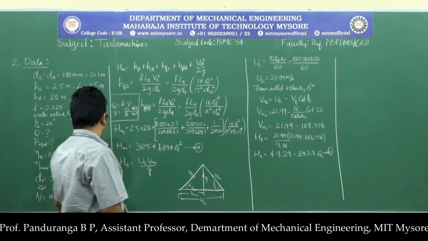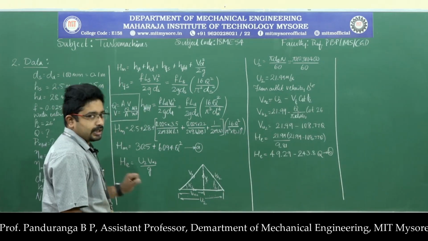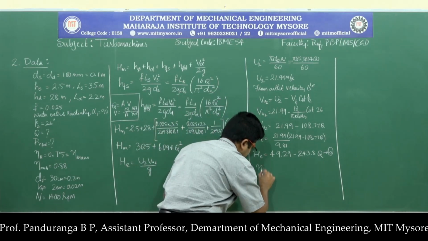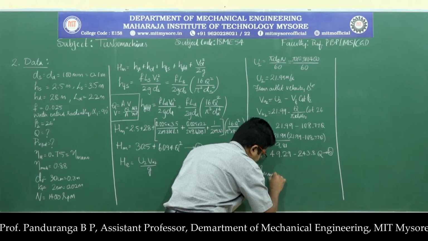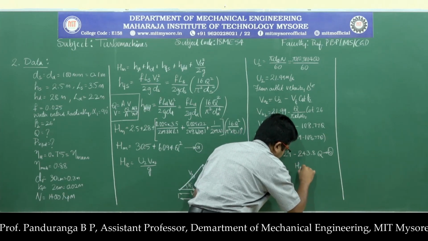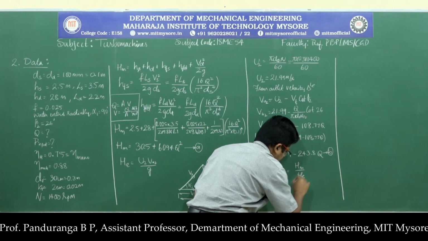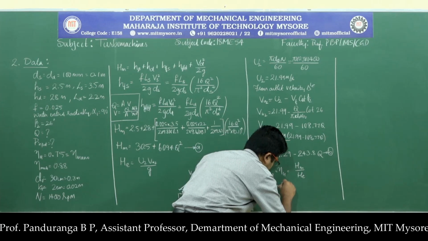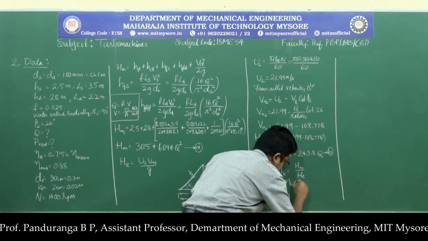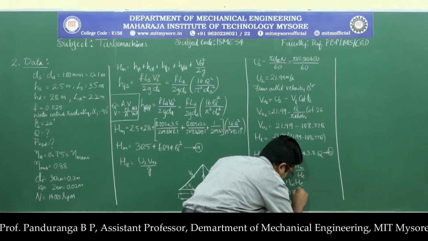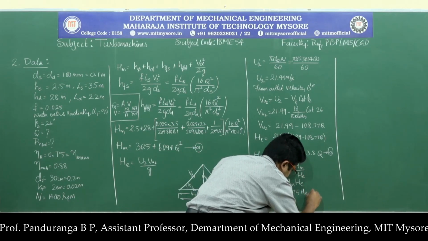Now I know the manometric head or the manometric efficiency or the hydraulic efficiency. So manometric efficiency, which is equal to hydraulic efficiency, which is Hm divided by He, or I can write Hm is equal to hydraulic efficiency into He, which is 0.75 times of He.